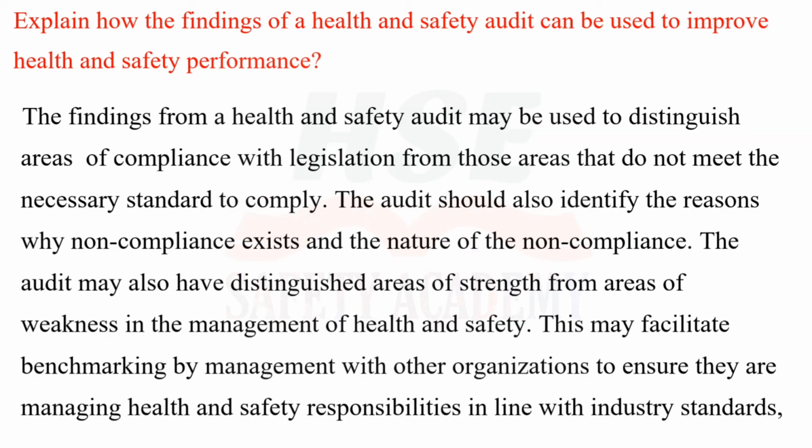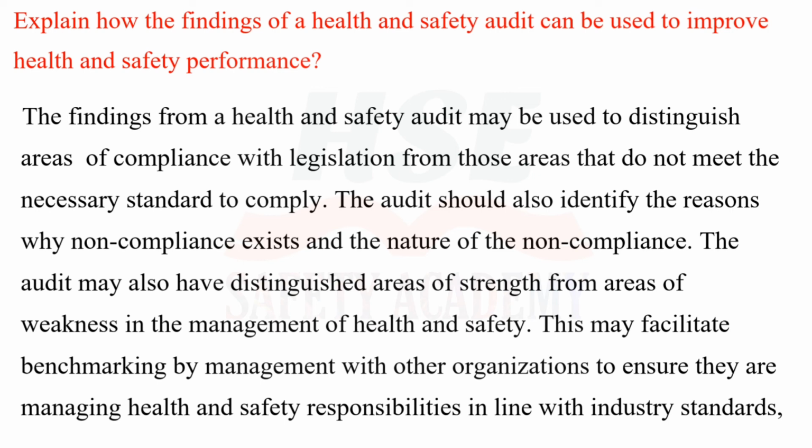The findings from a health and safety audit may be used to distinguish areas of compliance with legislation from those areas that do not meet the necessary standard to comply. The audit should also identify the reasons why non-compliance exists and the nature of the non-compliance.